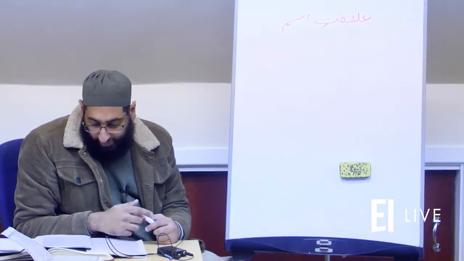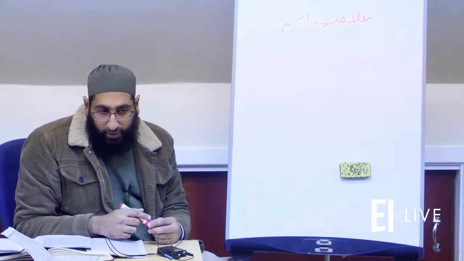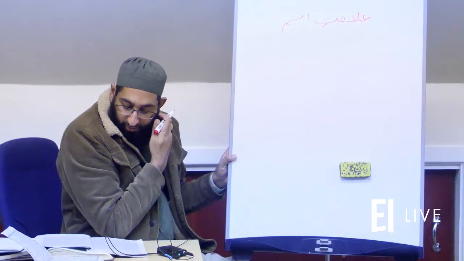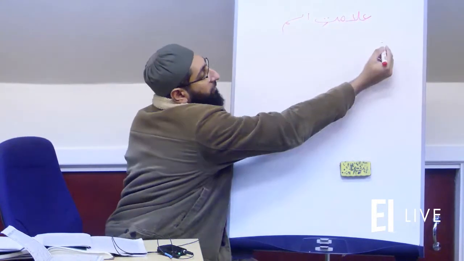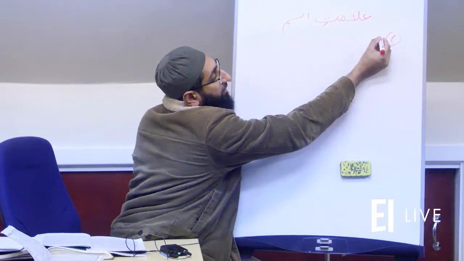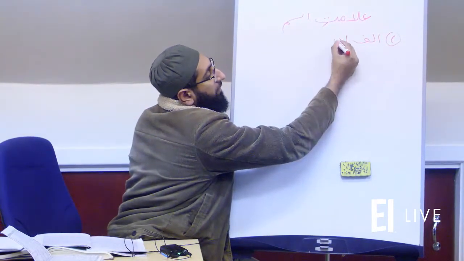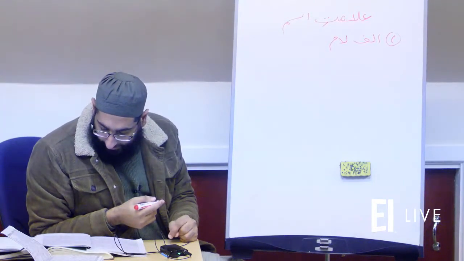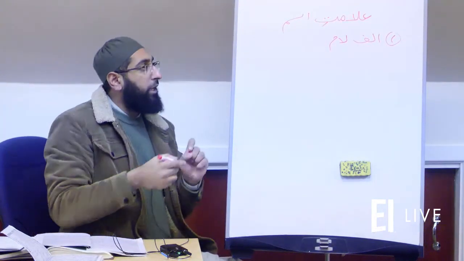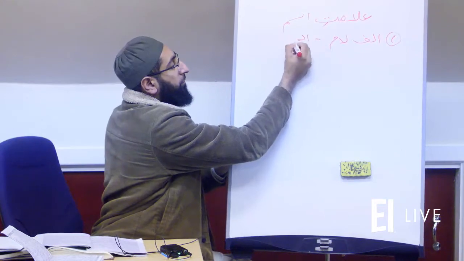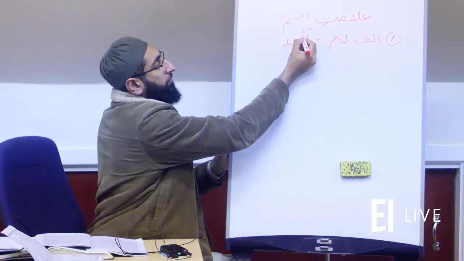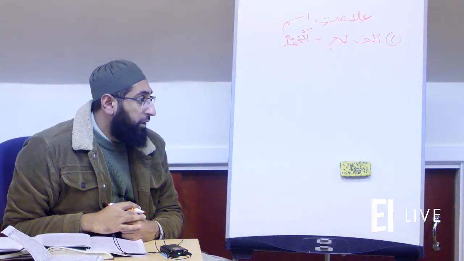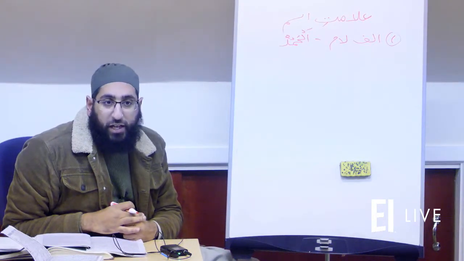The first sign is that in the beginning of ism, there can be an alif lam. What we sometimes just say al. Like alhamdu. Now, really the word is hamdun. Alif lam comes on it, then it's alhamdu.